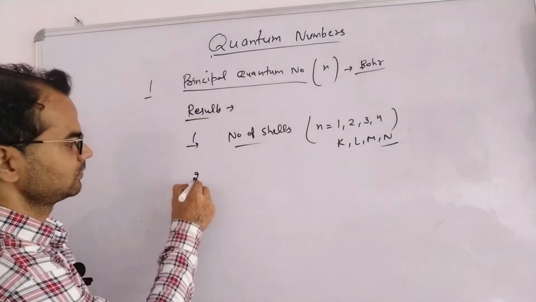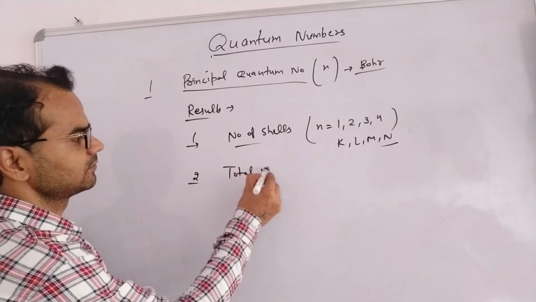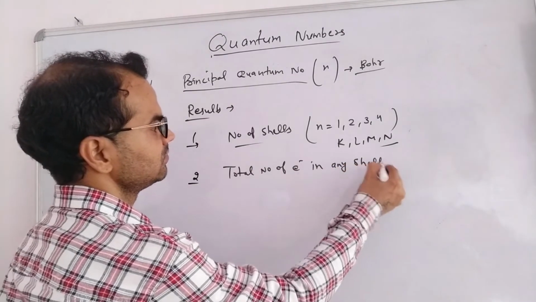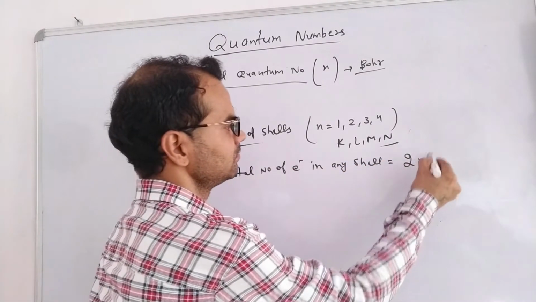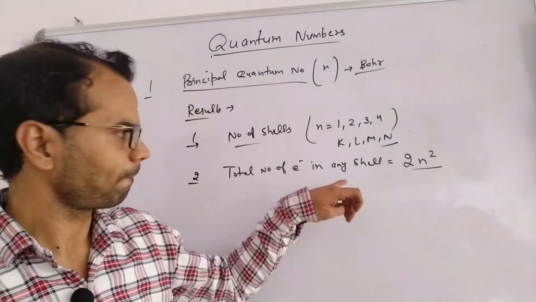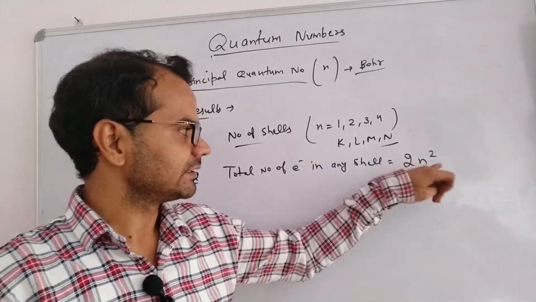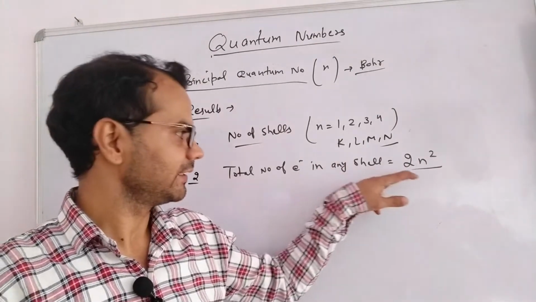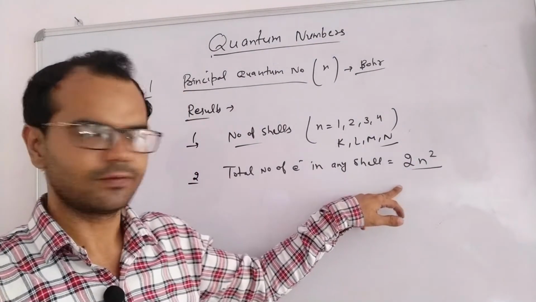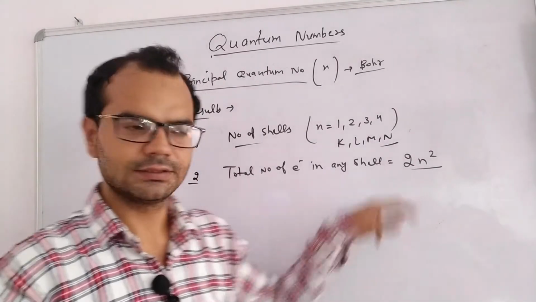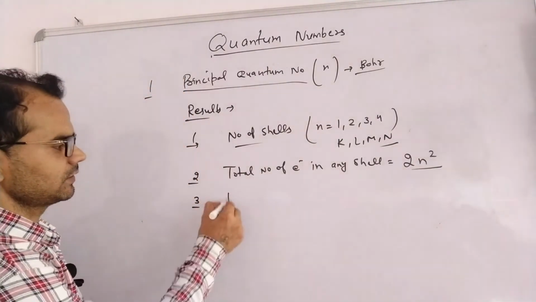Second, the total number of electrons in any shell can be calculated by the simple formula 2n square. We have already discussed that the first shell contains 2 electrons, the second shell contains 8 electrons, the third shell contains 18 electrons, and the fourth shell contains 32 electrons. Easy.